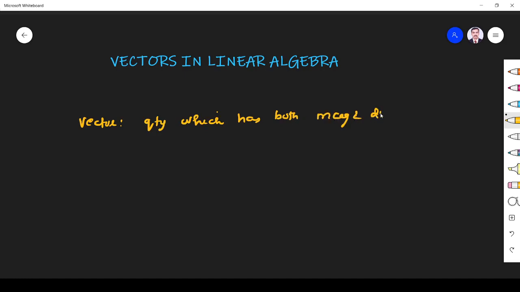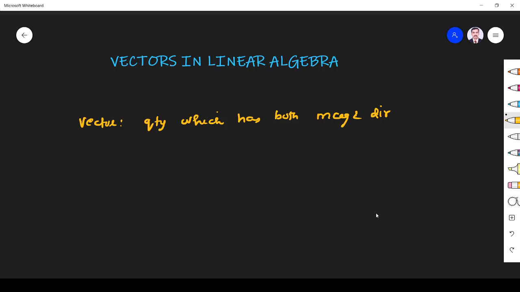This is the way a vector is defined by a physicist or engineer. But in computer science, vector is a different term. Indirectly, both are telling the same thing, but we are going to define it in a different way.